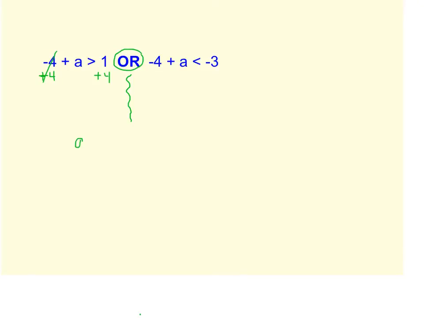I carry down my a is greater than 5. And then on the inequality on the right side, I'm going to go ahead and add 4. That cancels, so I have a is less than 1. So a can be greater than 5, or a could be less than 1.